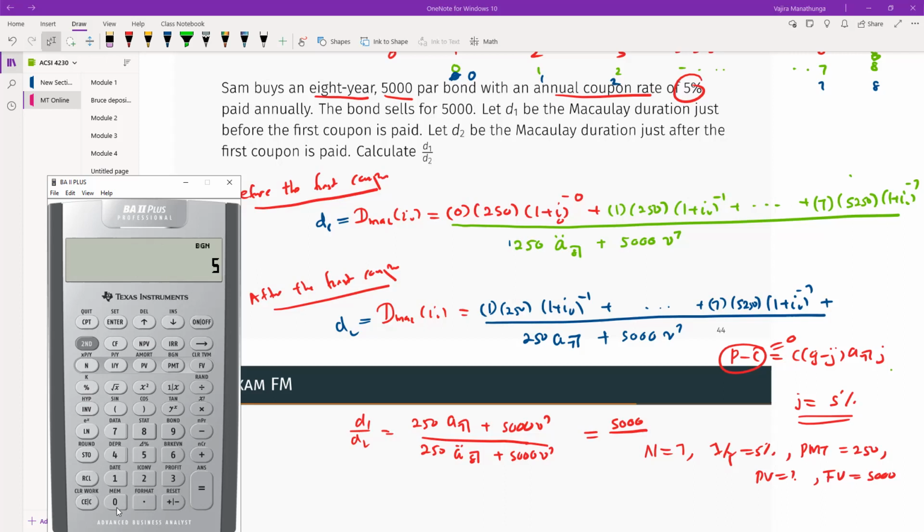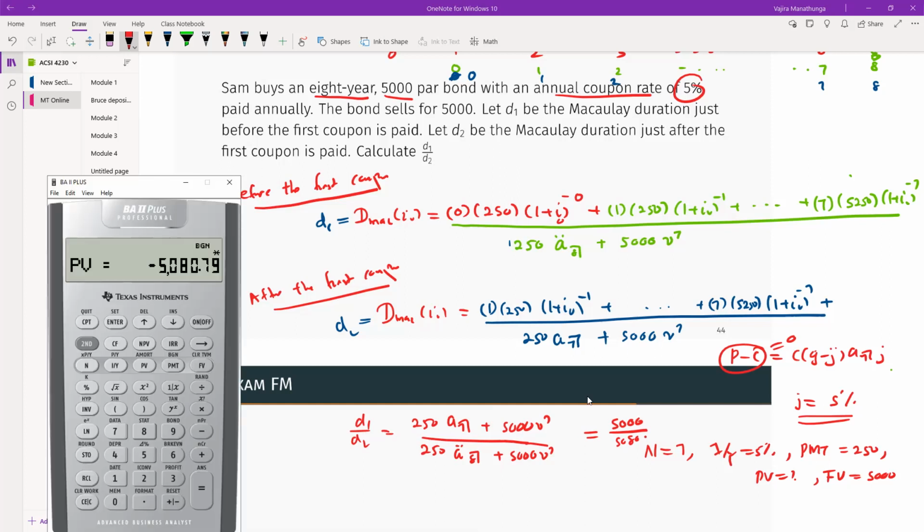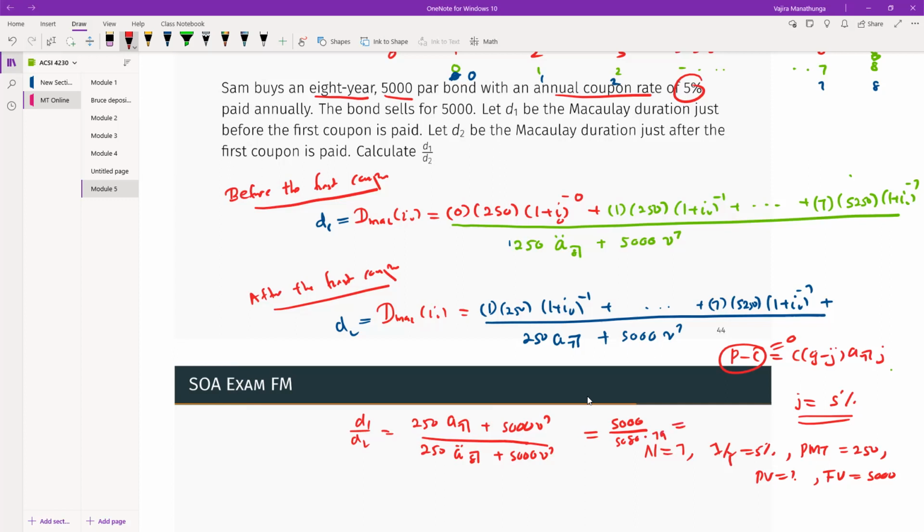Okay, so now 5,000 for future value, 250 for payment, 8 for N, 5% for I/Y, and present value is 5,250.79. So D1 divided by D2 would be that number.